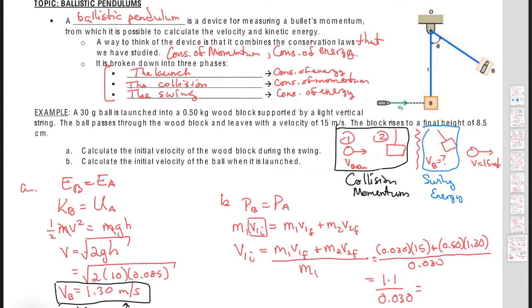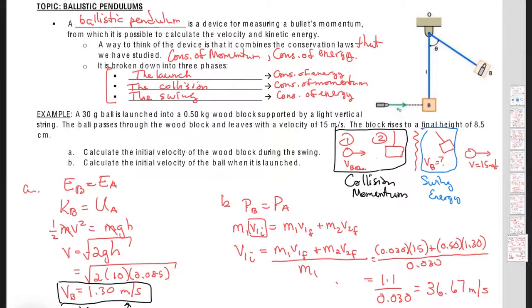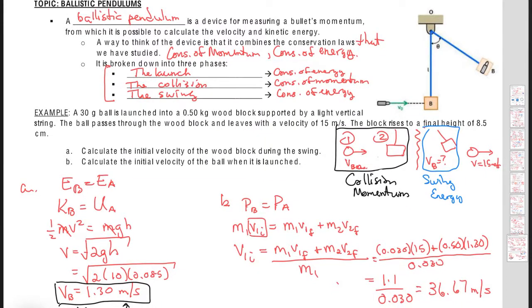So 1.1 divided by 0.030, and I'm going to end up with an initial velocity for the ball of 36.67 meters per second. So the velocity of the ball before the collision is 36.67 meters per second.